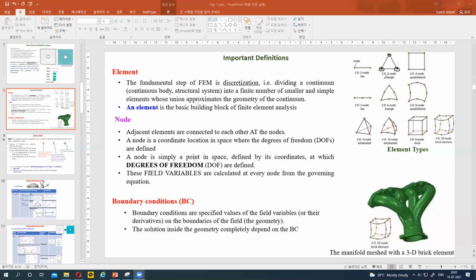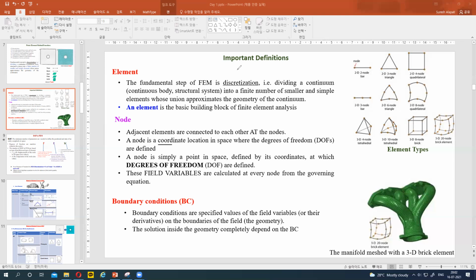If I want to find the displacement in the middle, we do not solve it explicitly, but we use an interpolation method. So a node is a coordinate location, and at each node, we can connect another element.